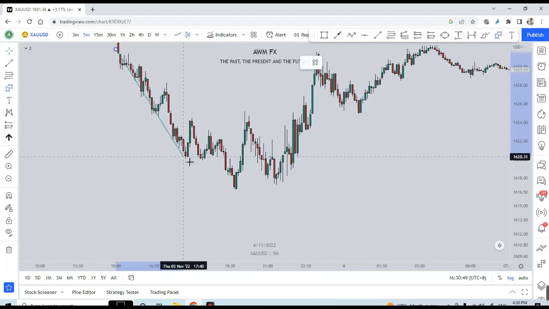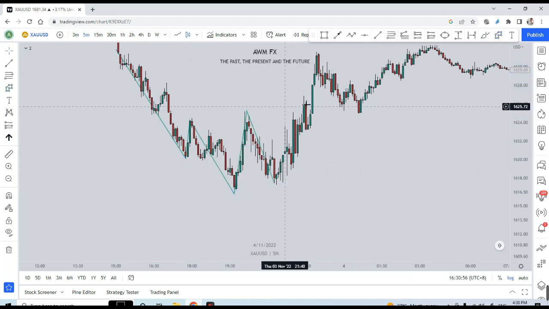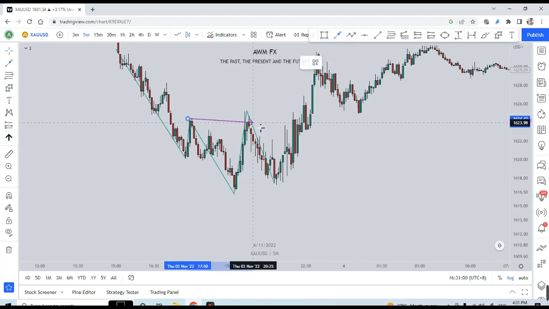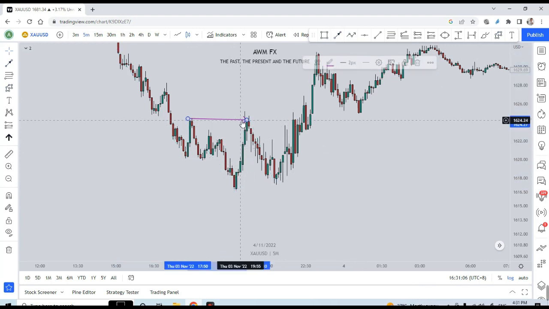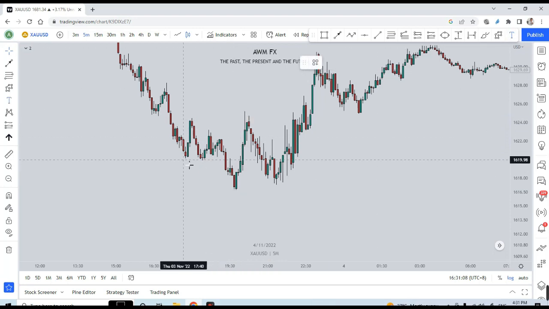It was a perfect type of QML. You can see that the price moved nicely with a good break of structure. And there's a QML there.